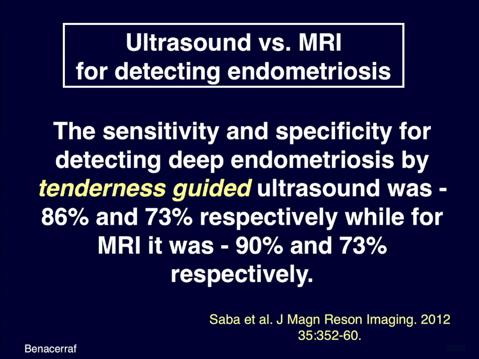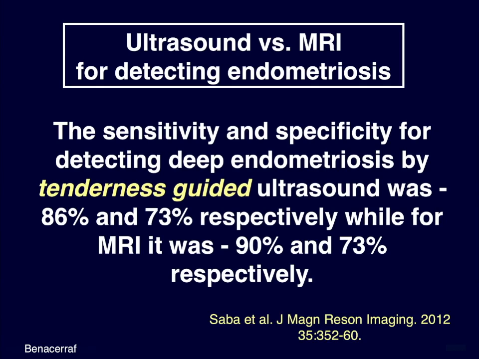Well, the deep implants of endometriosis, even though they can be small, tend to be the areas where endometriosis can be the most tender and the most painful. And it is well known that if you use the tenderness-guided type of ultrasound, and the beauty about ultrasound is that you are holding the probe and you can actually examine and detect where the patient is the most tender as you are looking at the pelvis, so that as the patient tells you, yes, this is where it's most tender, or no, this is not as tender, you can identify even better the areas of endometriosis.